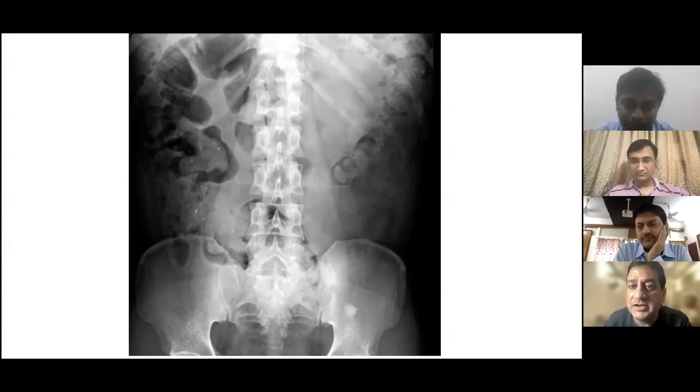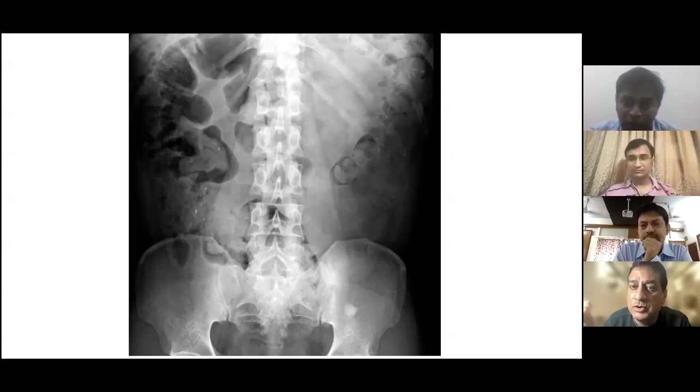They may be associated with IBS, they may be associated with pelvic floor dyssynergia, but the diagnosis is slow transit constipation. Therefore, all your treatment and all your investigation will be driven towards slow transit constipation.